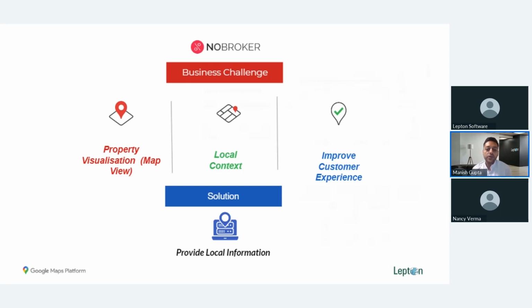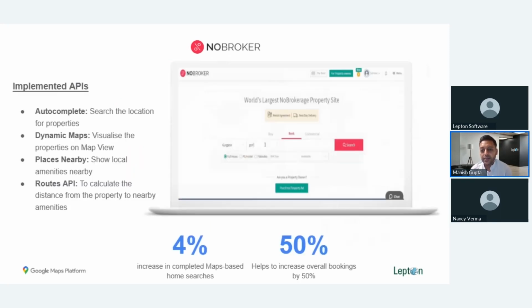So the solution we suggested, which they built on the Google Maps API, is to provide local information. We have recorded a small screen for you. I hope it is visible for everyone. What they have done is they have a map view within their website. If you click on it, you will see all the properties listed on the map for the locality you are searching for.